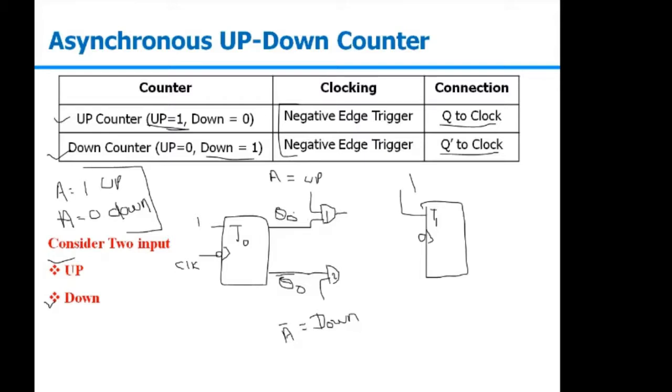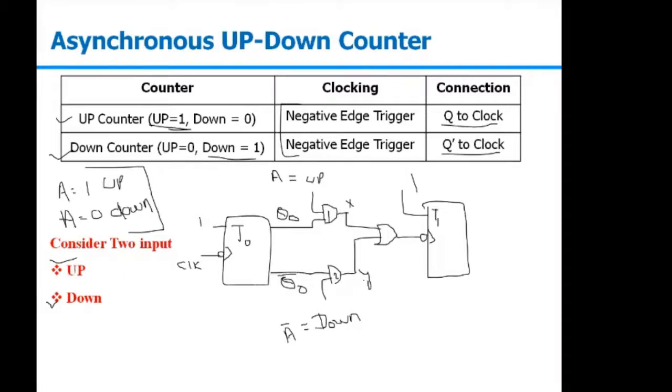So when up is 1, this has to be connected to the clock, and when down is 1, the output of AND 2 needs to be connected to the clock. So I can use an OR gate here, and I can combine these two. So when A is 1, it is going for up counting, so X will be equal to Q node and Y will be 0. So 0 plus Q node will be Q node.